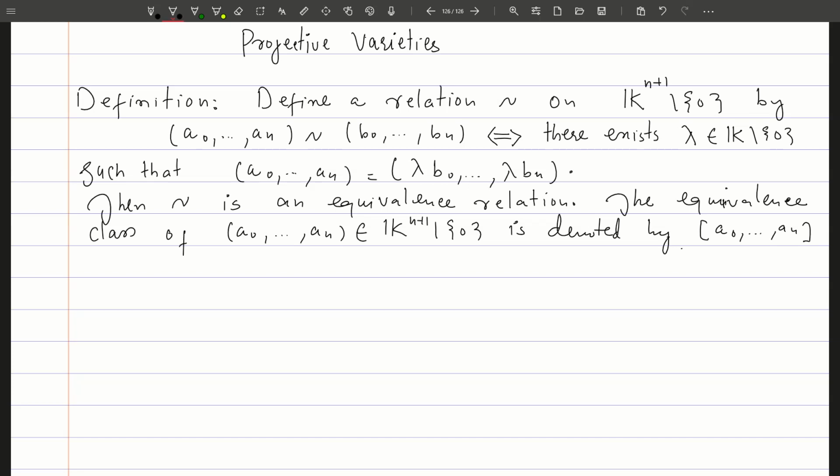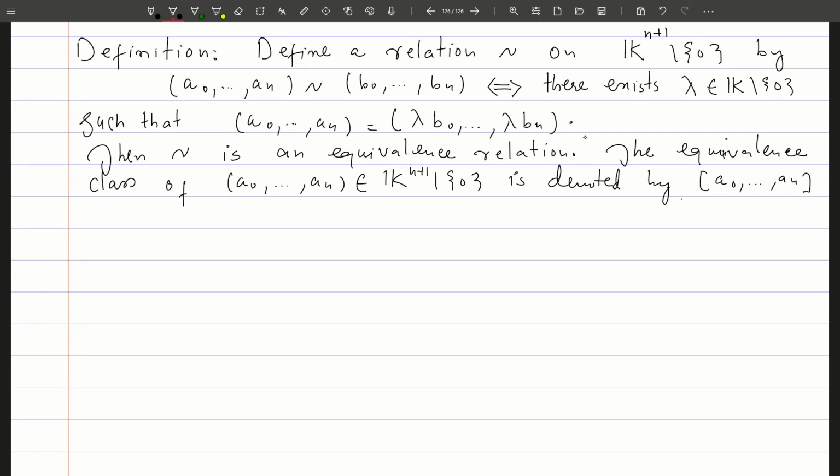Now the quotient P^n, which we sometimes write as P^n_k, but as a shorthand we write P^n, is the set k^(n+1) minus the point 0, modded out by this relation. We identify all points in the same class.